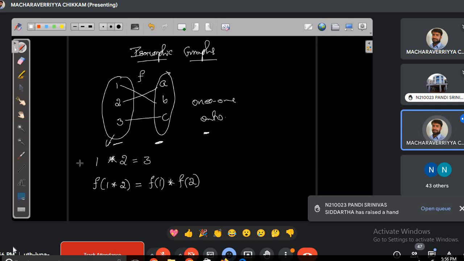Like in linear transformations you have seen, a mapping is a linear transformation if it satisfies this property: T of v1 plus v2 equals T of v1 plus T of v2, and T of alpha times v equals alpha times T of v. You can actually combine these two and simply take alpha here and alpha here.